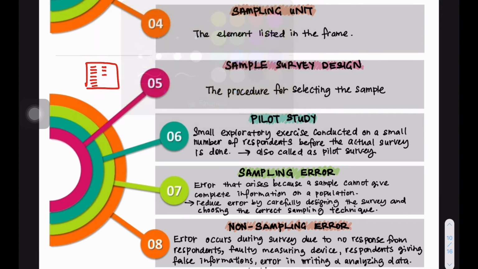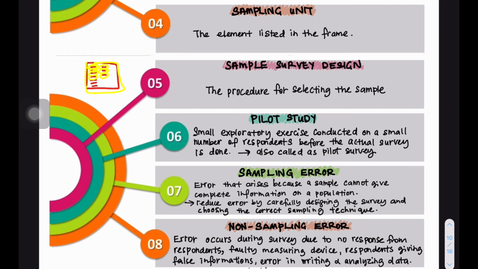The members ataupun elemen dalam list ni, ini adalah sampling unit. Setiap daripada list ni adalah sampling unit. Okay, kalau kita kata population kita adalah student UiTM Jengka, so dalam sampling frame akan ada senarai nama semua student UiTM Jengka yang update dan complete. Dan setiap student UiTM Jengka itu adalah sampling unit. Elemen yang ada di dalam frame itu kita panggil dia sampling unit.